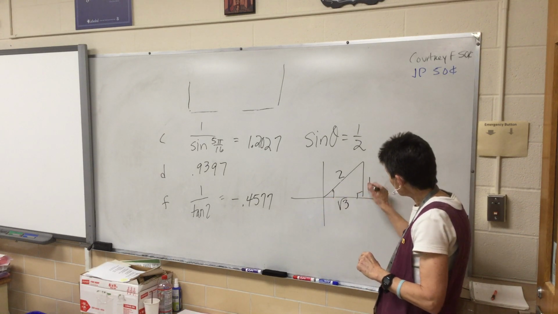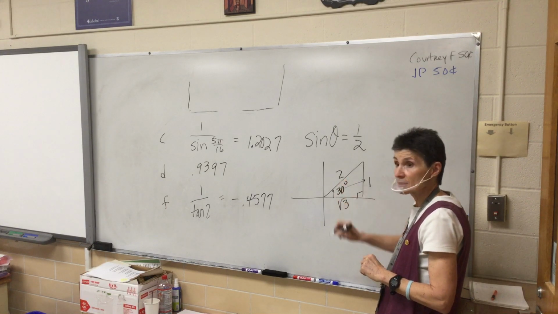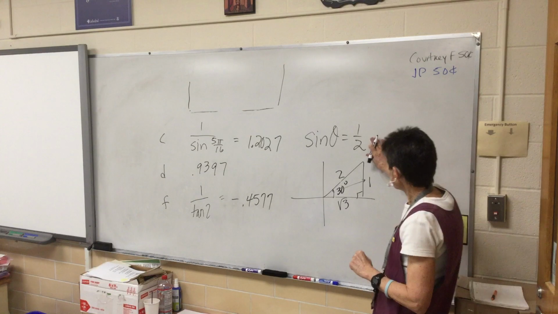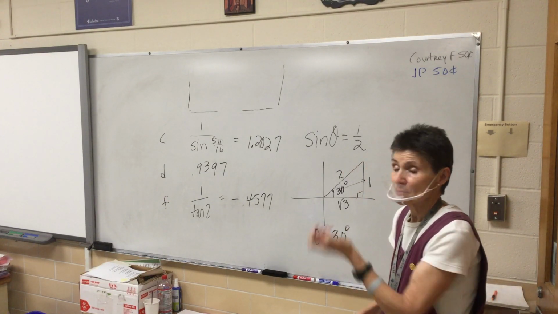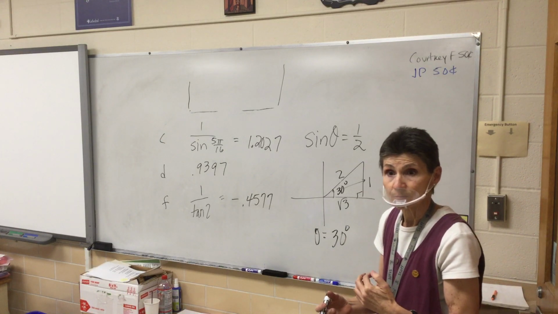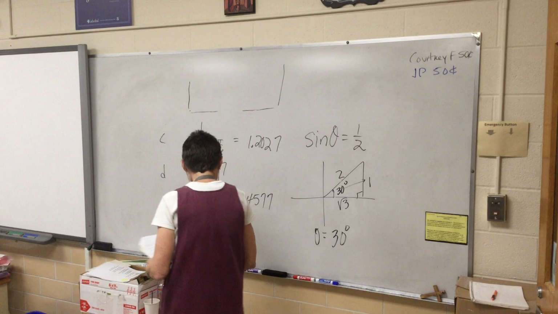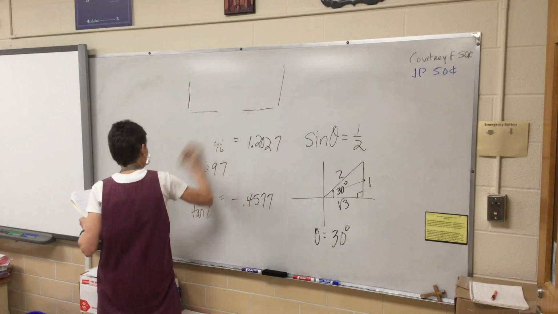Since the angle I need is across from the 1, I know that angle is 30 degrees. So theta is 30 degrees. So you just worked it backwards. That's backwards of what we were doing the other day. Now I'm giving you the function, and you are telling me the angle. Okay, let's look at the next one.